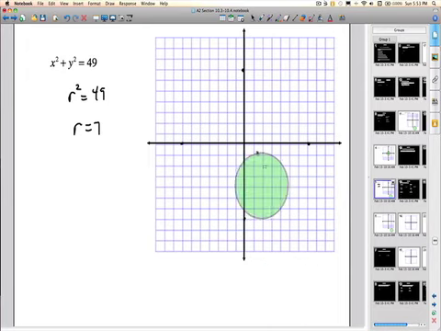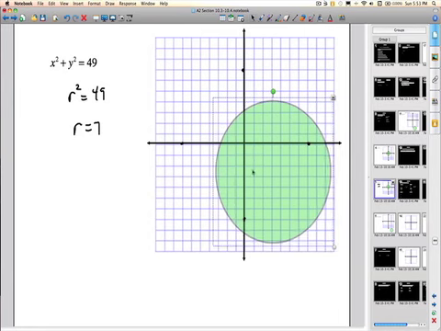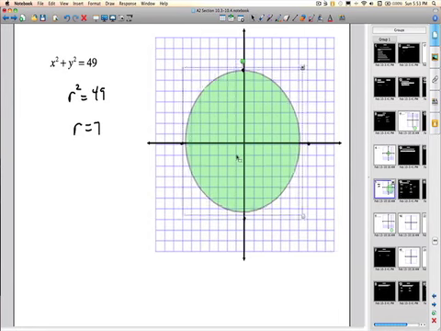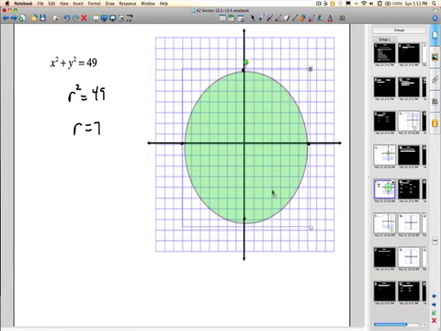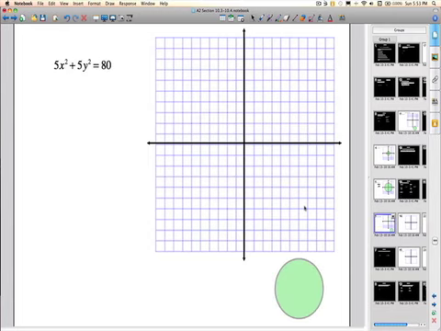And we've got 4 points here that we can use for our circle. That's pretty close there, a little bigger. And there you go.